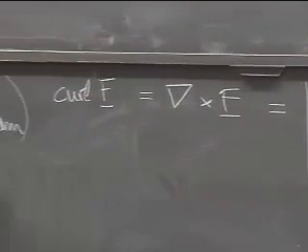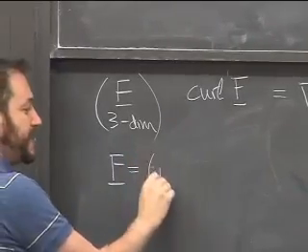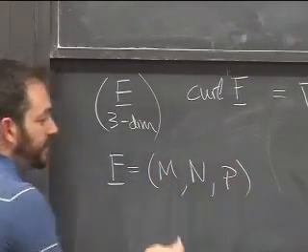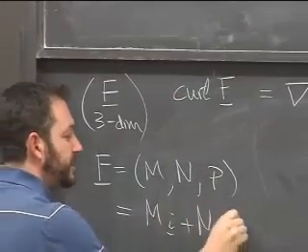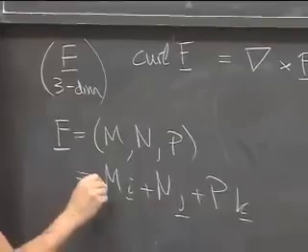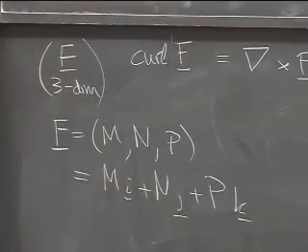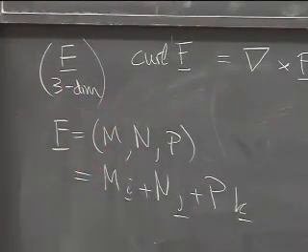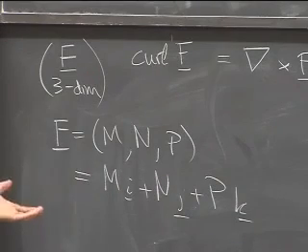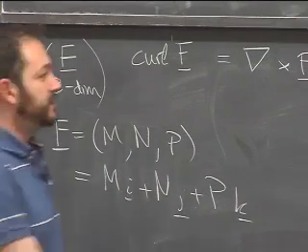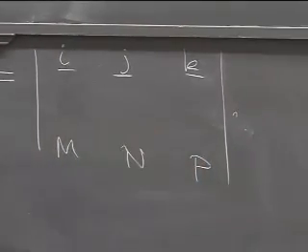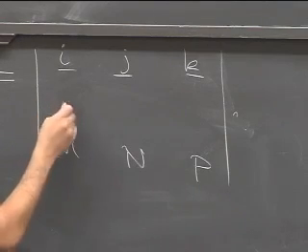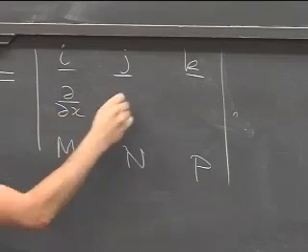Well, let's assume that F actually is the vector field, say, M, N, P. And that is another way of writing Mi plus Nj plus Pk. And these are functions. These are scalar functions who are the components of the vector F. So if F has this form, then you're going to take this cross F. Well, the bottom row is just going to be the coordinates of F. But what's the middle row? Well, the middle row are not actually going to be numbers. They're going to be derivative operators.